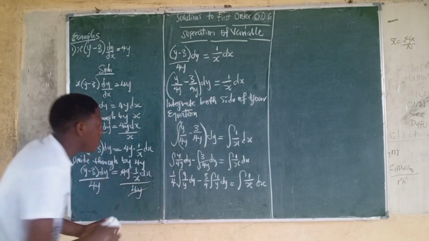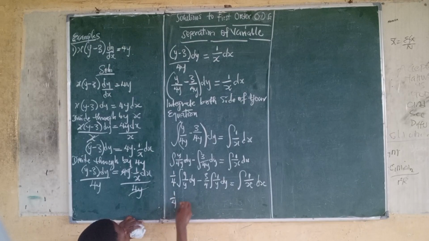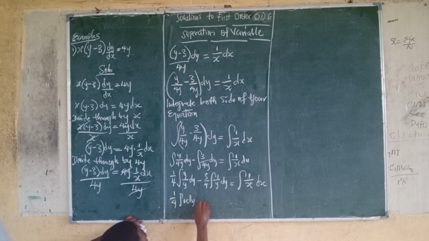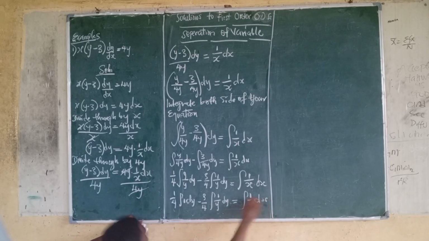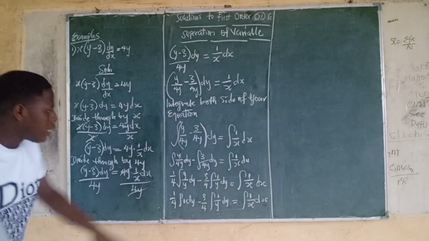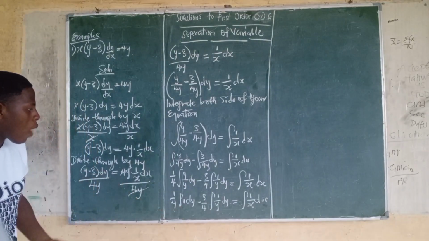Now, if we integrate, this can be simplified as 1 over 4 integral of 1 dy minus 3 over 4 integral of 1 over y dy, and this is equal to integral of 1 over x dx. Now let's integrate. If you integrate 1, you are left with y.